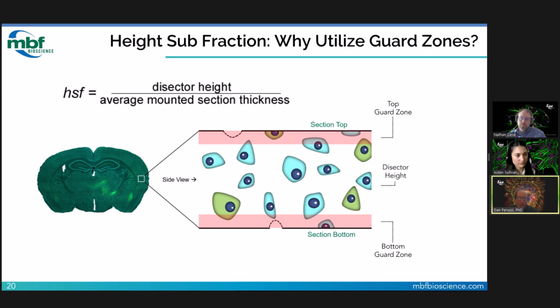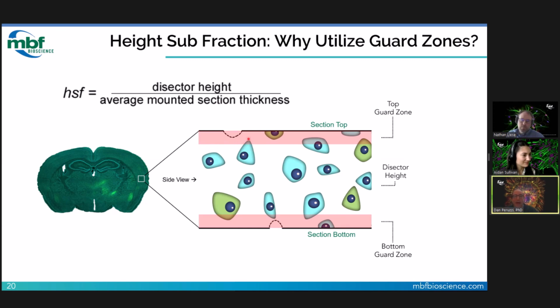If we look at that blue cell on the left that's just sticking up, not that one, but a little more to the left, the blue cell, one more, that one. Notice how that is actually cut off, and we would not count that because its top is not in the dissector. It's actually in the guard zone.